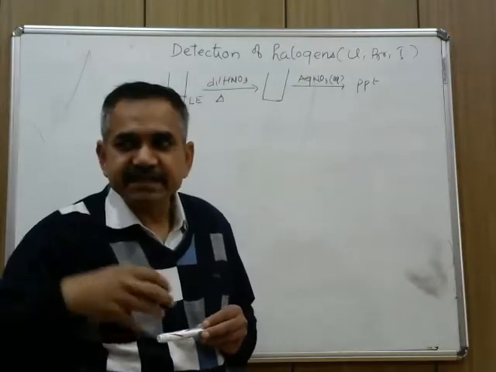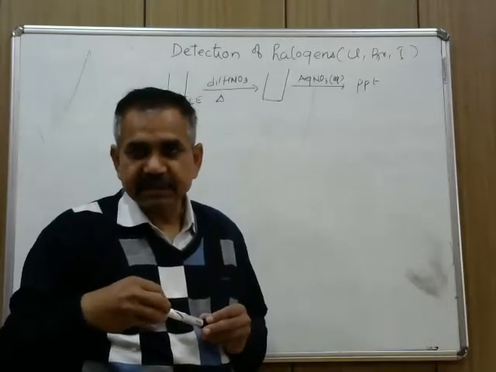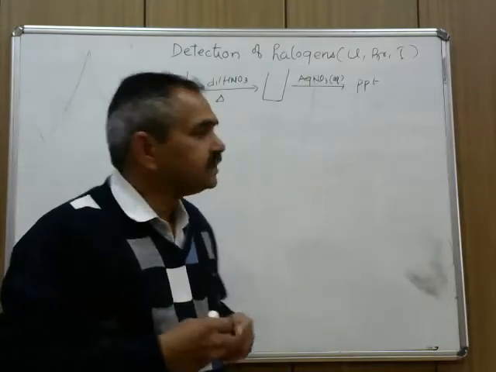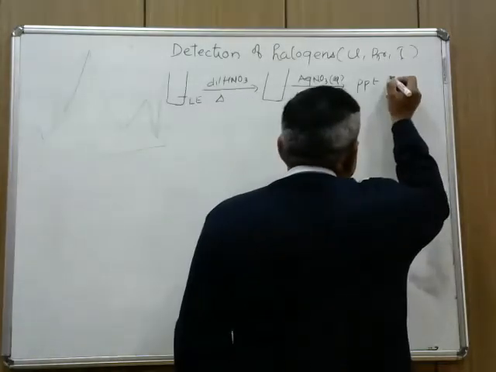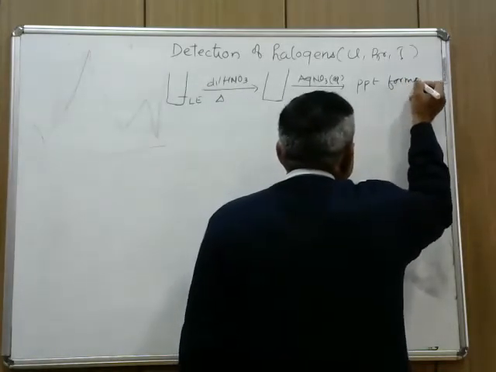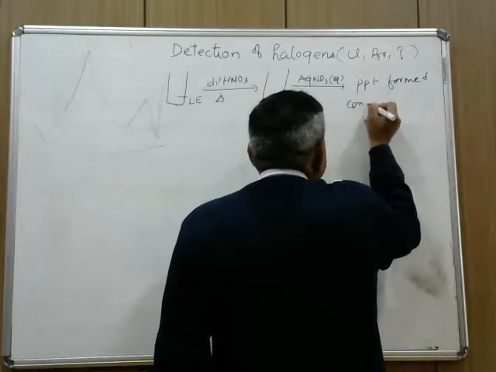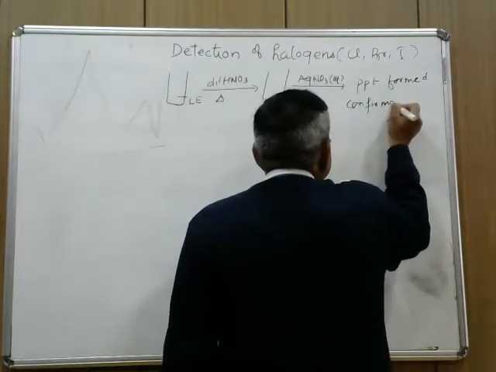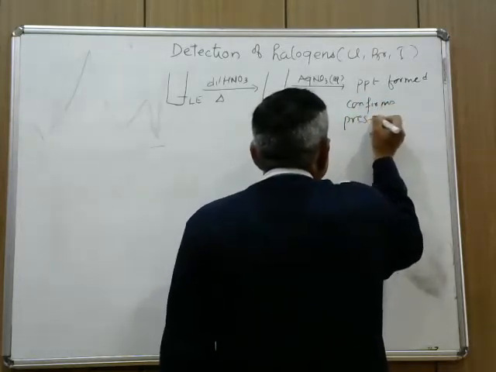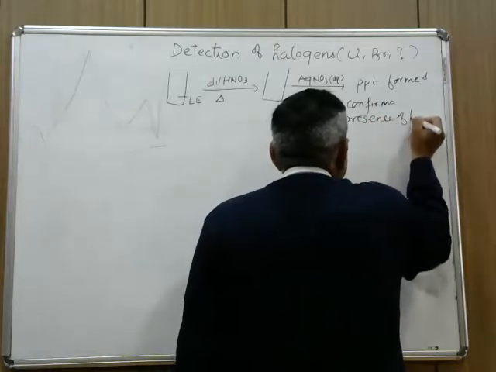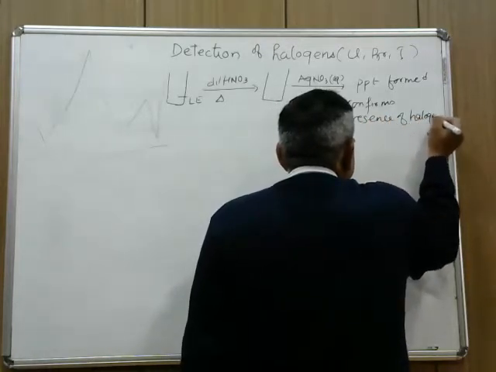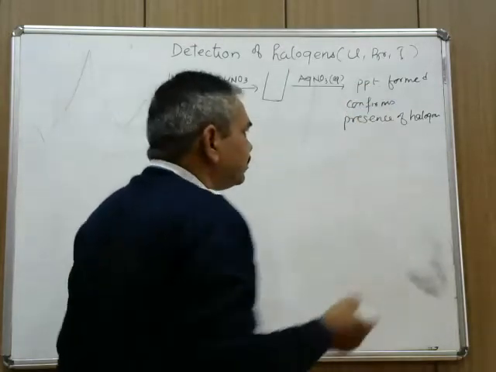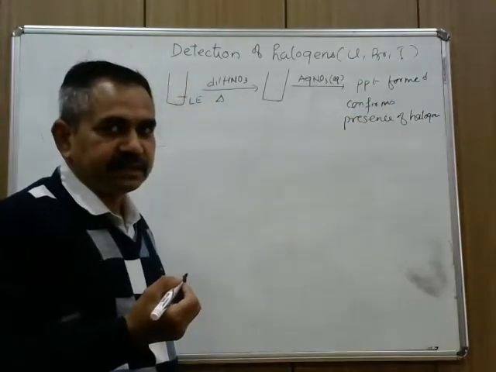And if a precipitate is formed, then the precipitate confirms the presence of halogen: chlorine, bromine or iodine.